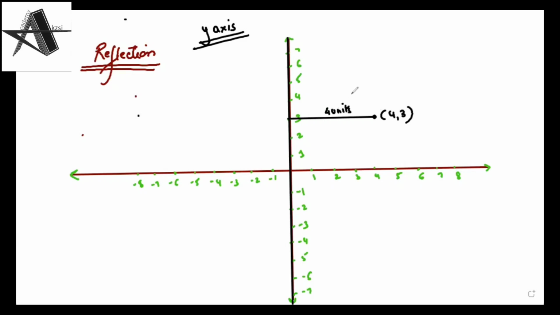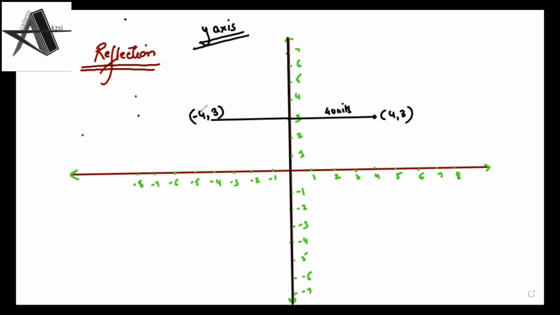This clearly gives me that we have moved 4 units backwards. We haven't moved in the y direction. We only moved in the x direction. That means the distance between the object and the y-axis is 4 units. So clearly my image will be 4 units behind the mirror line. Once you reach here, you can clearly see that x is -4 and y is as it is, 3.